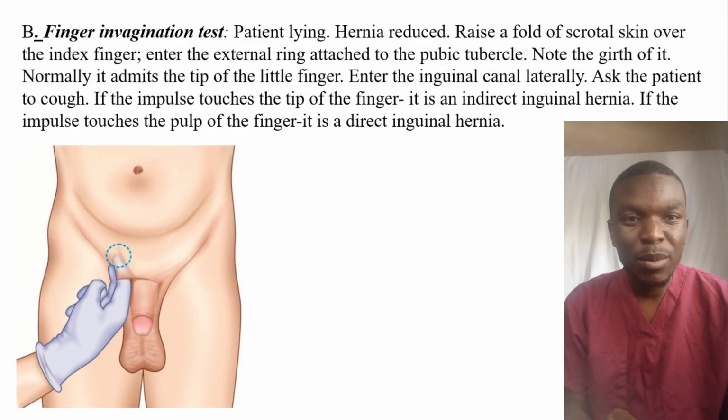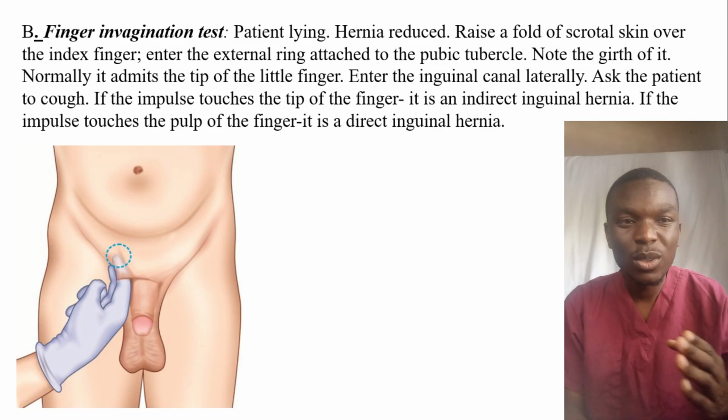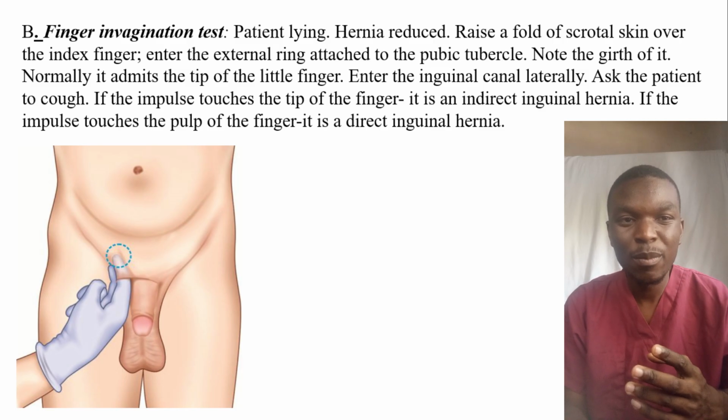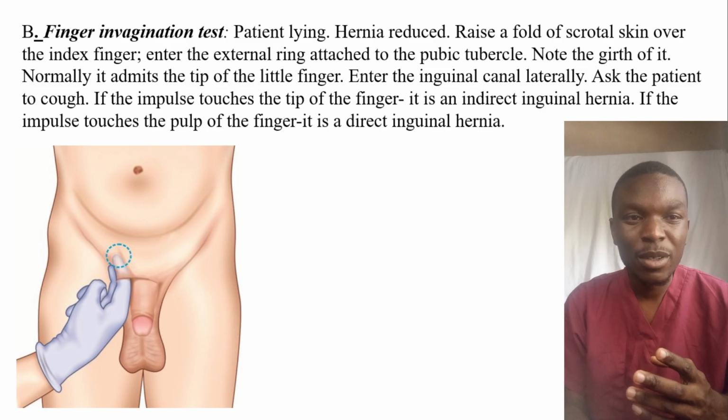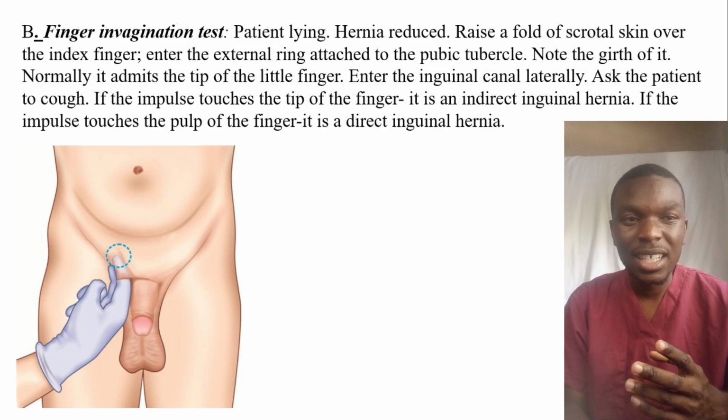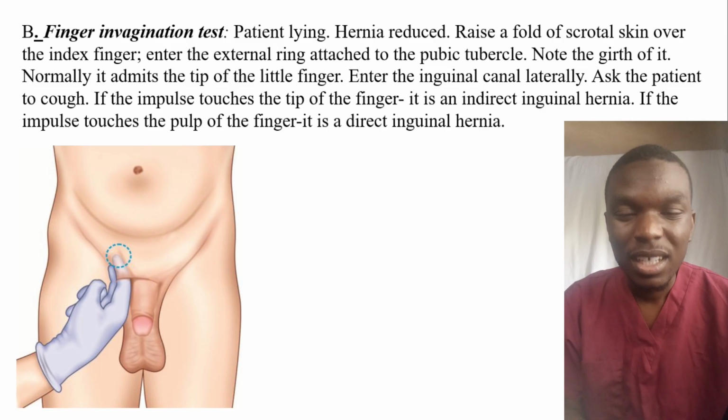Normally, it admits the tip of the little finger. Then you enter the inguinal canal laterally and ask the patient to cough. If the impulse touches the tip of the finger, it is an indirect inguinal hernia. If the impulse touches the side of the finger, it is a direct inguinal hernia.